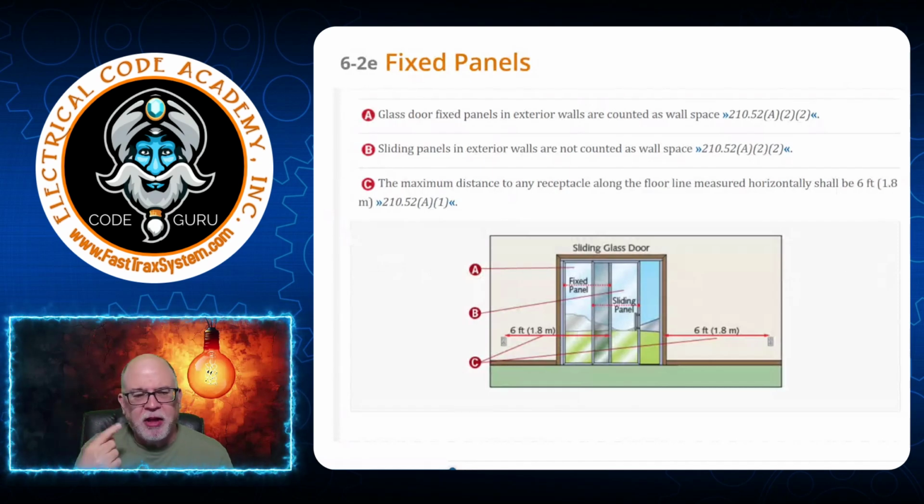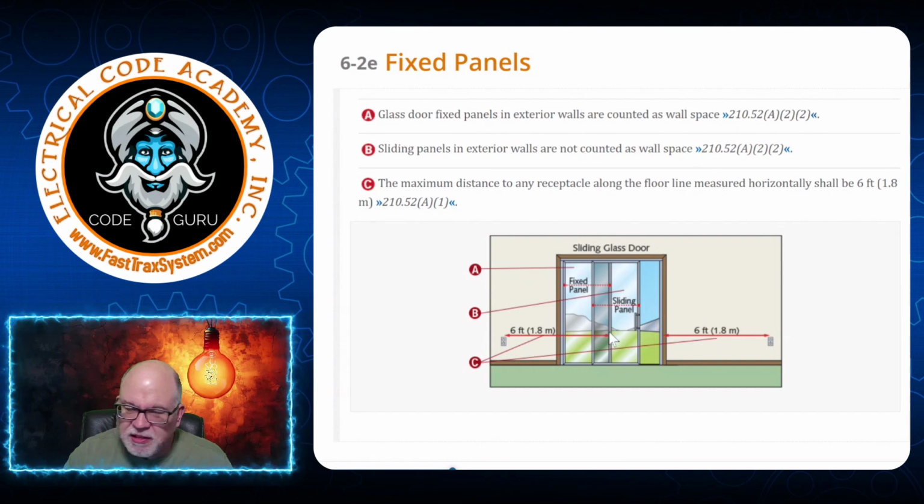Now, when we're measuring around that room, you come upon a sliding door with a fixed panel. So one side is going to be fixed and one side is going to slide. The part that slides is the break in the wall space. The part that's fixed, you treat just like wall space. So example here, as you can see right here, this is the fixed panel on this side, and this is the sliding one here.